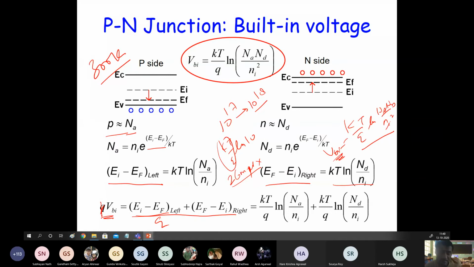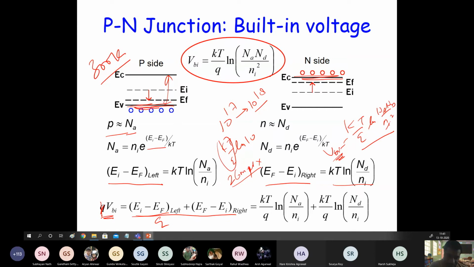And another thing to note here, in case you have very high doping, the Fermi level will go to the valence band edge on the P side, and to the conduction band edge on the N side. So the maximum potential will basically be the band gap. Because when the Fermi level is close to the band edge, it is no longer non-degenerate.